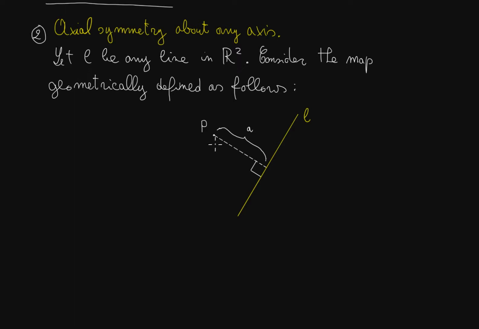So we project orthogonally P on the L axis. So the distance between P and the axis is defined to be the distance between P and its projection on the axis.